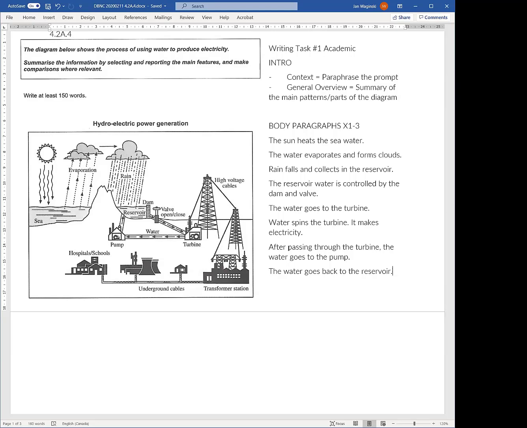So we have to return to the turbine. Okay, when the electricity is made and goes to high voltage cables in the tower, on the energy tower.